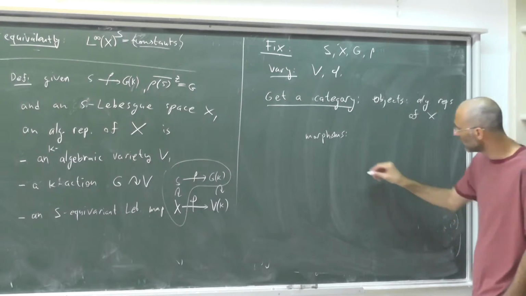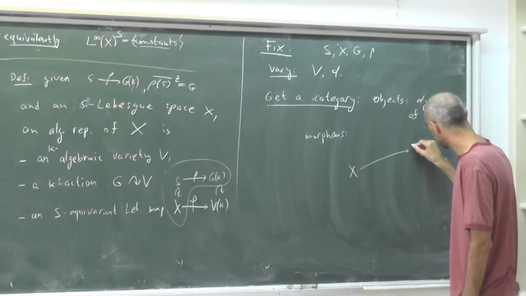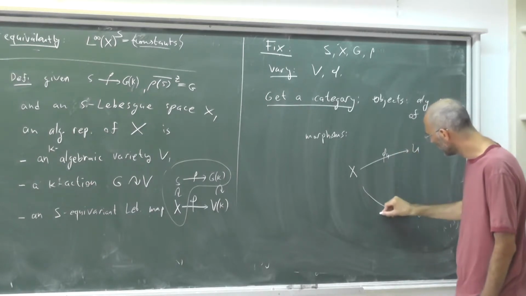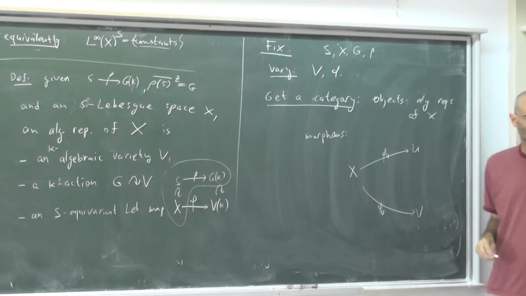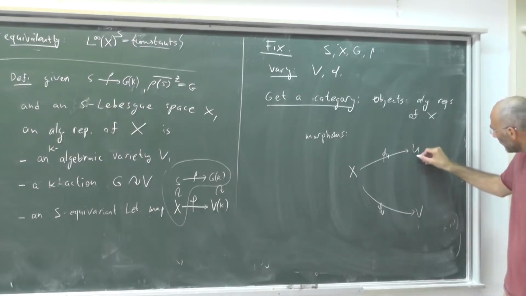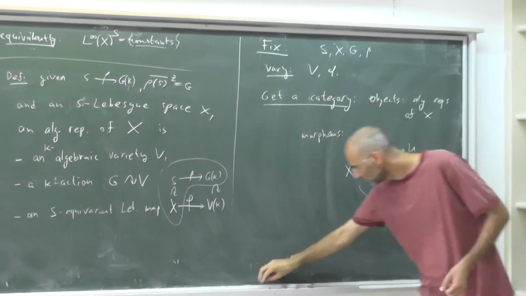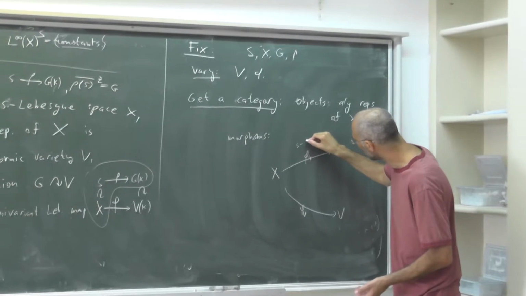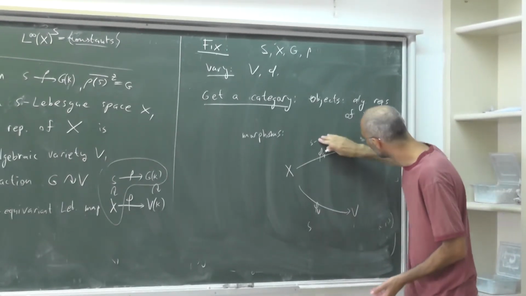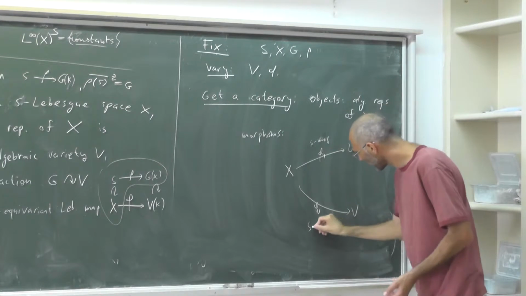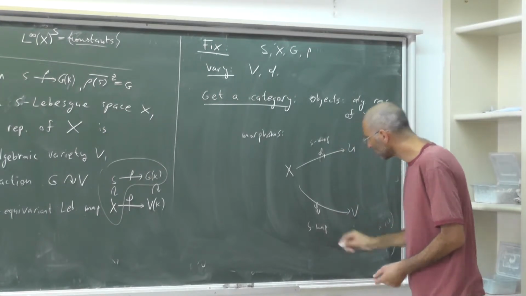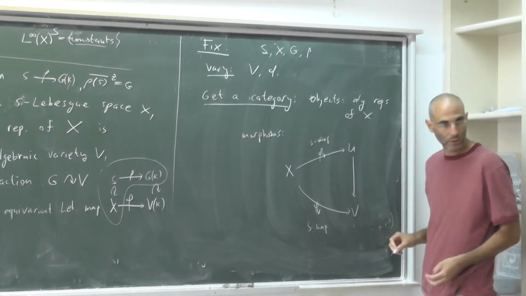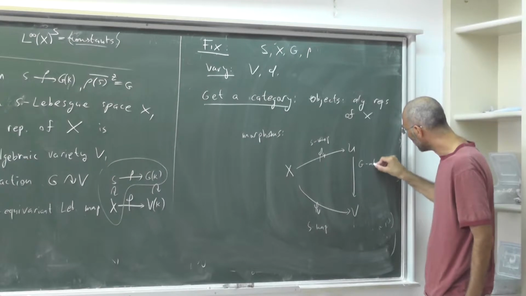Toy diagram: if I have a map to U and a map to V, so this is maybe V_U, V_V, a morphism will be such that these maps commute with S equivariance. So S acts here, G acts here and there. So a morphism will be compatible with G.